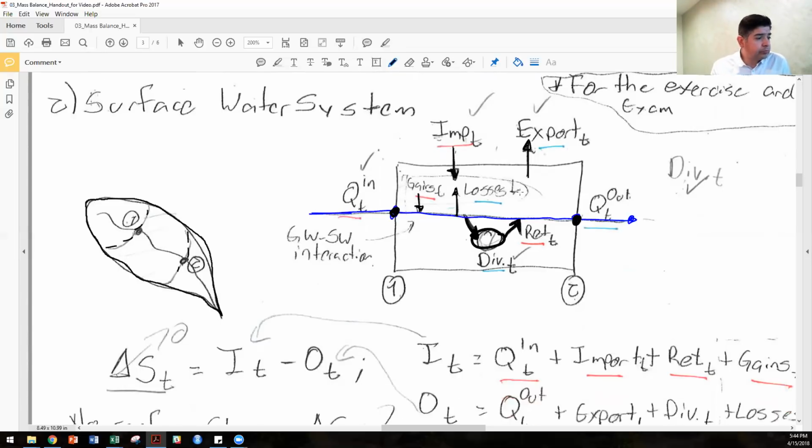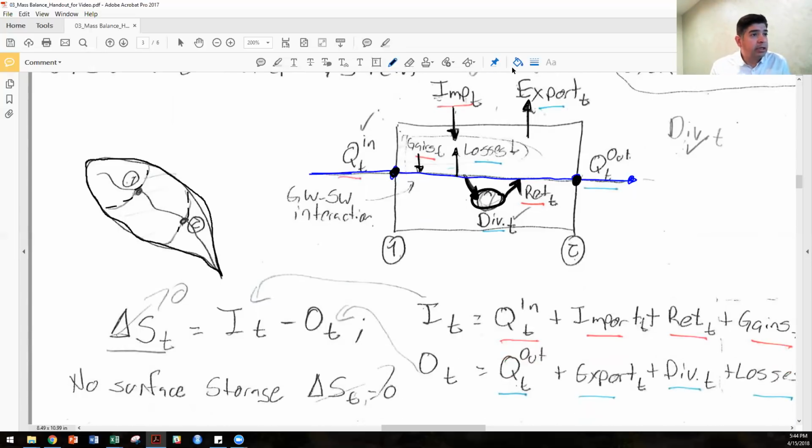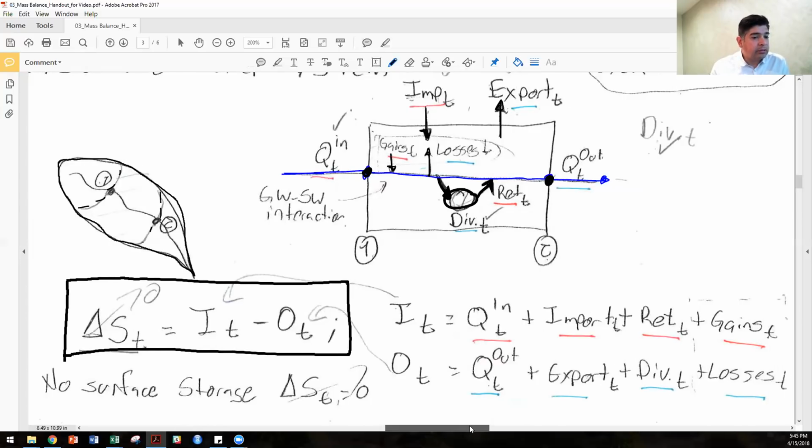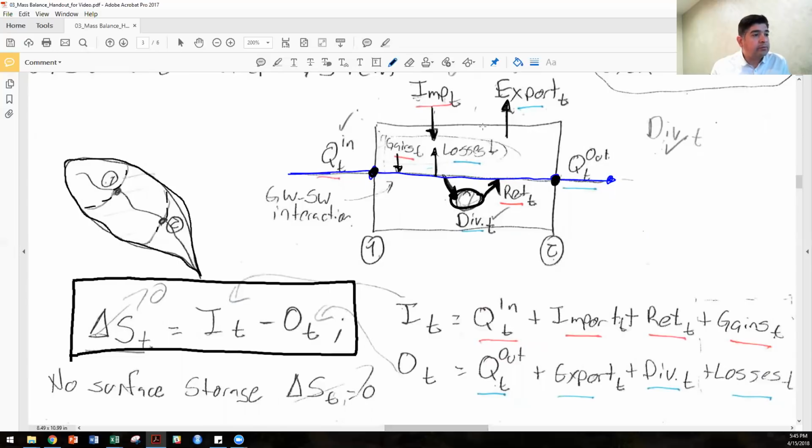So let's go back here to our mass balance equation. The change of storage here will be equal to the inflows, how much water is coming into this control volume, and how much water is coming out. So let's start identifying those inflows.